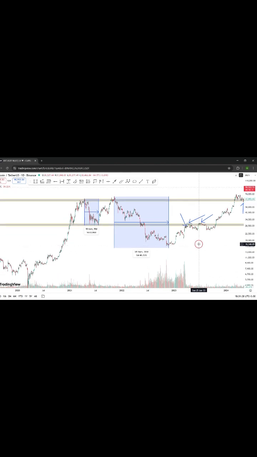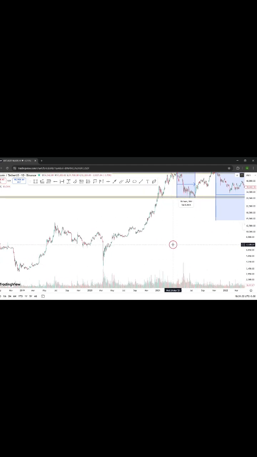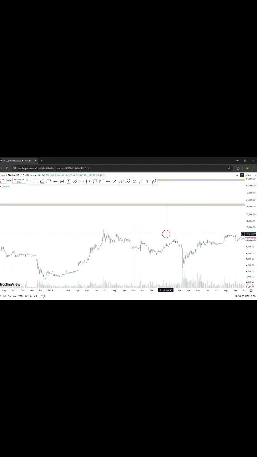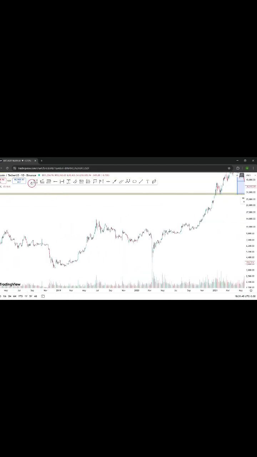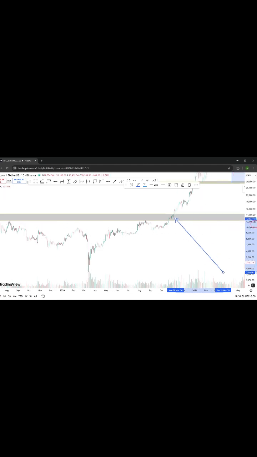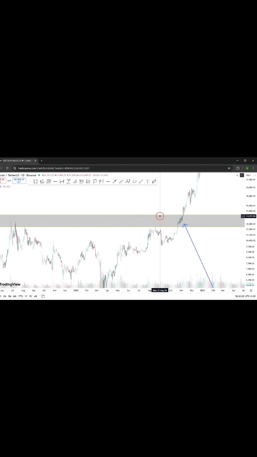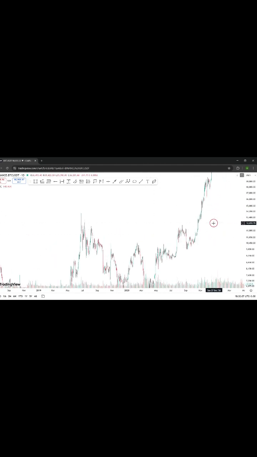This is so important to understand, the main purpose of this video: the support and resistance, and how the support and resistance change their characteristic. For example, I found it. As you can see, this is a resistance area. When this area breaks with these strong green bullish candles, this area that was resistance is now a support area.